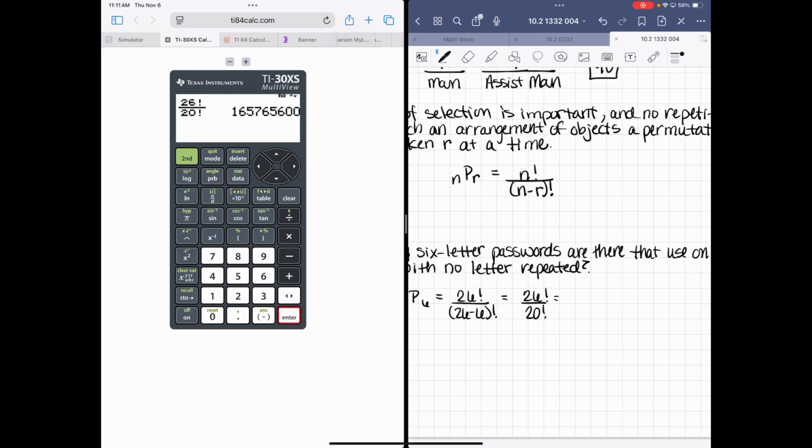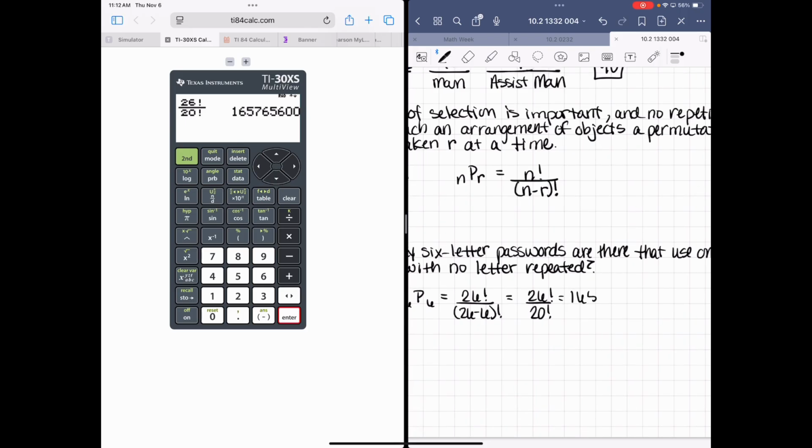I get 165,765,600 different possible passwords, 6-letter passwords, okay? 165,765,600. Okay?